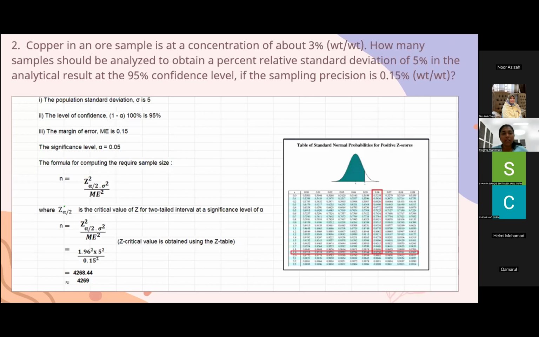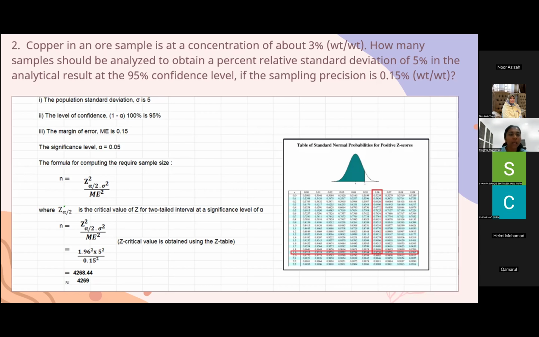The third one is regarding the copper concentration at 3%, where they asked to analyze the relative 90% confidence level, and how many samples are required to reach 95% confidence. They have given a few pieces of information in the question.